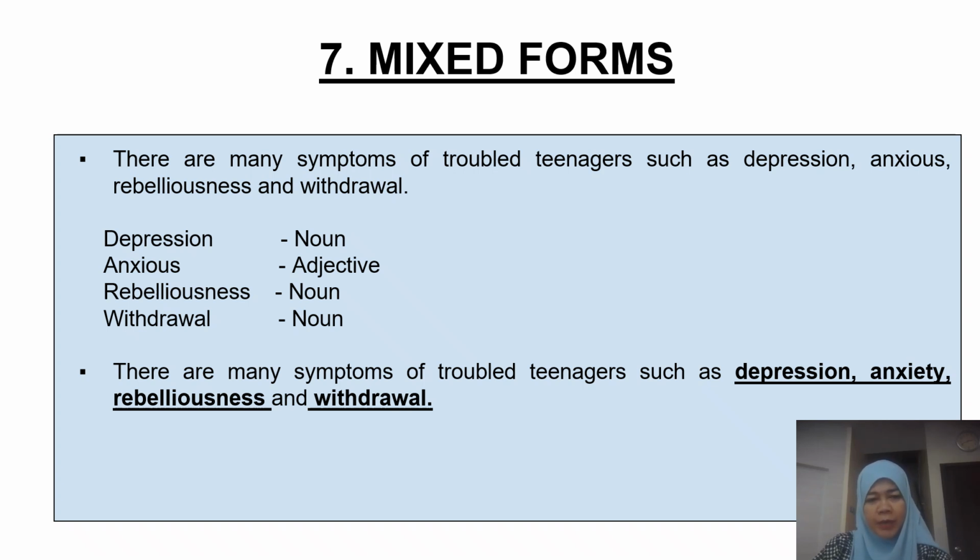Okay, one way of it is to put article like a or the, like a depression, the depression. Okay, suffering, a depression. Okay, suffering, the depression. It sounds okay. Okay, but if you put suffering and anxious, suffering, the anxious.